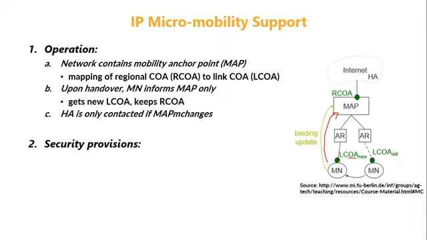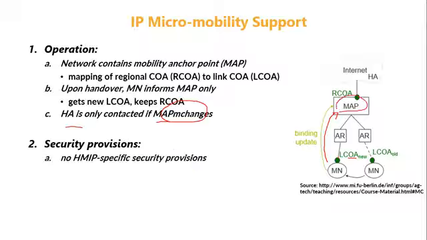The HA is contacted only if the MAP changes, that is, only if the mobile node moves from one MAP to another MAP. Then only it will be registered with the HA and the HA updated. Otherwise, any local changes will be taken care of by the mobile anchor point itself.